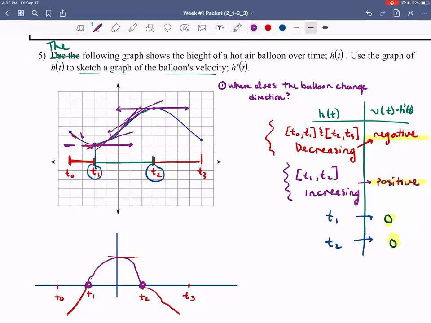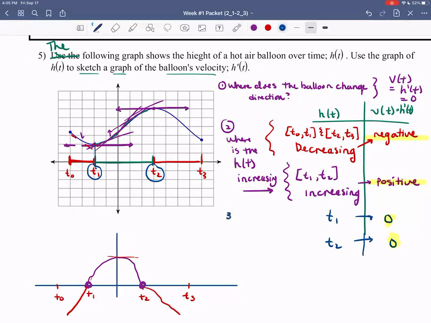So just to summarize here, we want to know, where does the graph of the balloon change direction? In other words, where is the tangent slope, or v of t, equal to 0? And then what we also want to look out for is, where is the graph, or h of t, increasing? That will tell us where the derivative is positive.